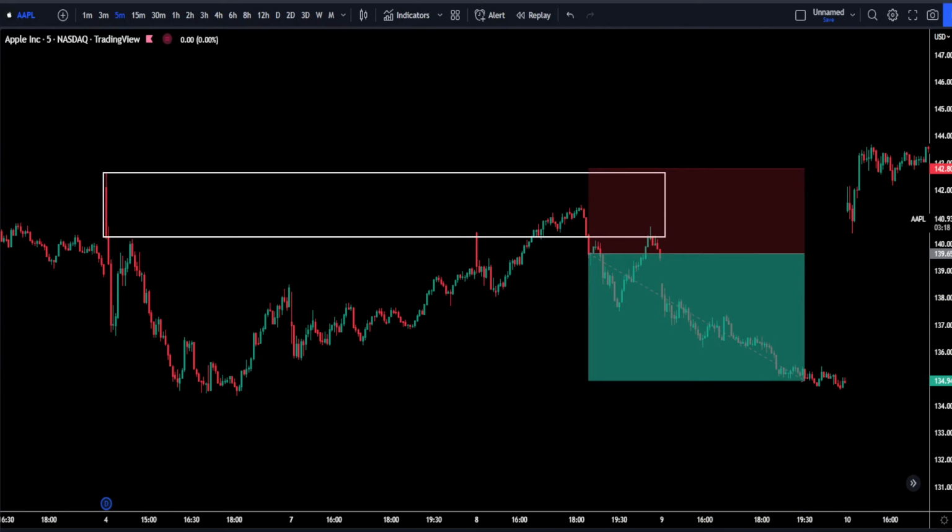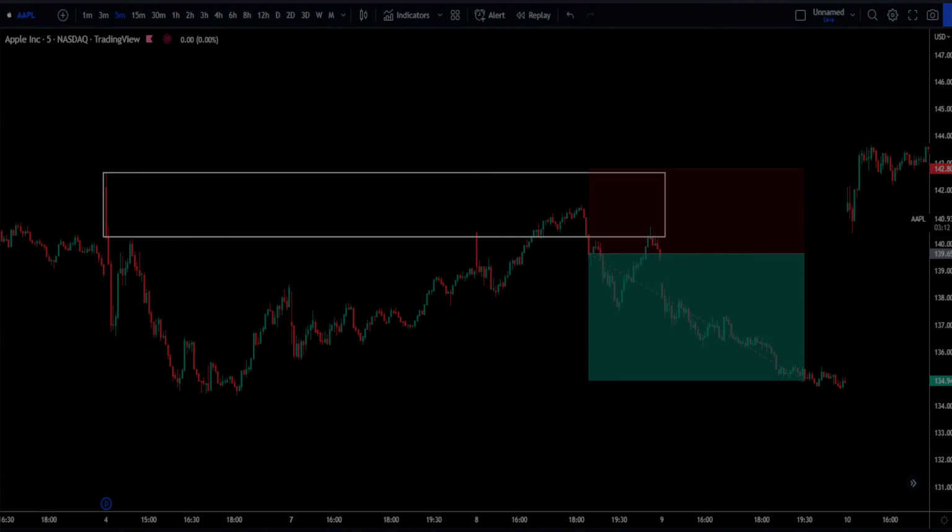So we see that this strategy works just like magic. Now let's do our backtesting to find out if it's true.